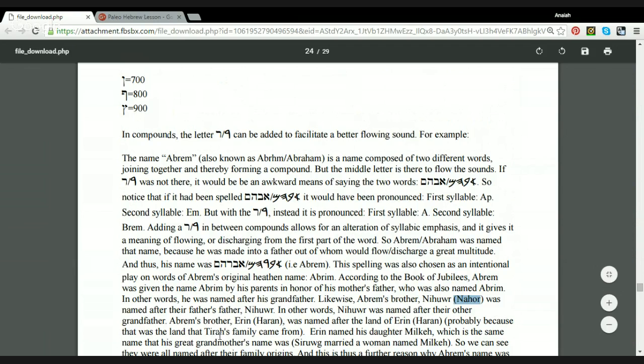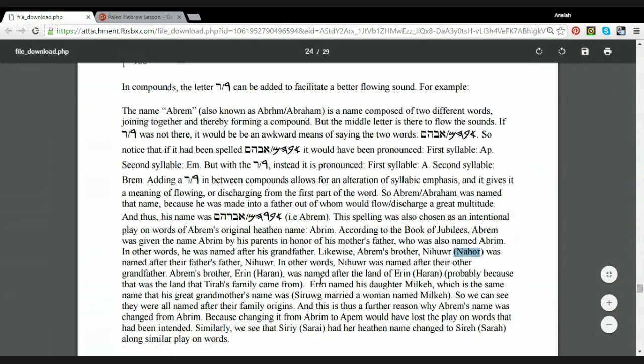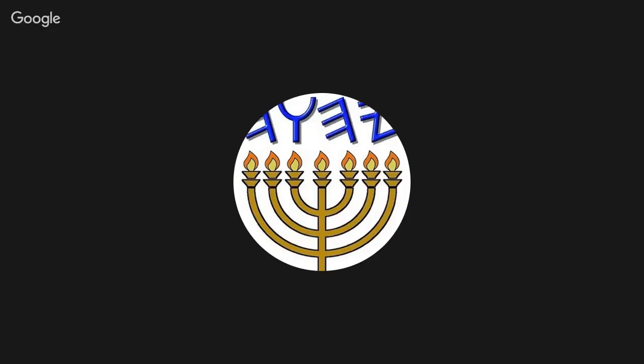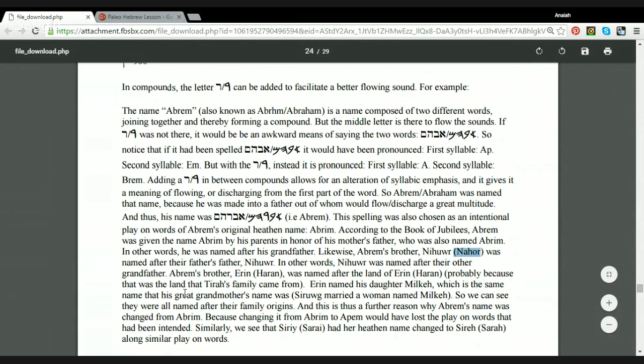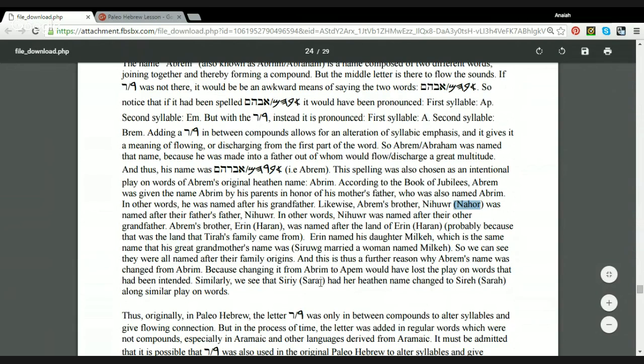And then Aaron named his daughter Milcah, which is the same name that his great grandmother's name was. Serug married a woman named Milcah. So we see a lot of the family names are being named similar here. Another one is Sarai. It's actually Suri. It should be Suri. Was changed to Sarah.